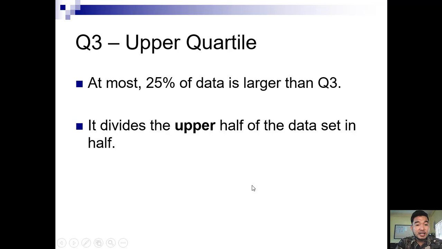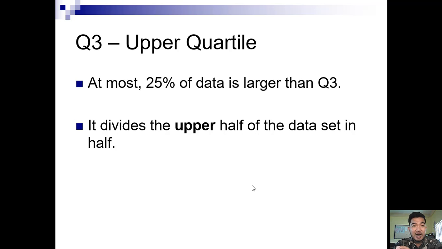And then the third one is the upper quartile, which is the third quartile. At most, 25% of data is larger than the third quartile. So, di ba meron na tayong higher half kasi hinati ni median, di ba?